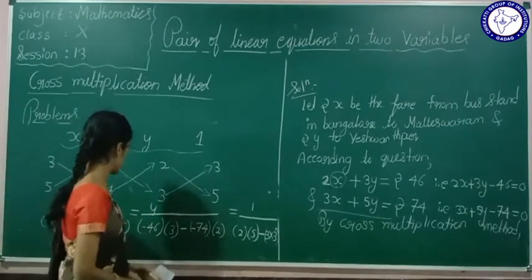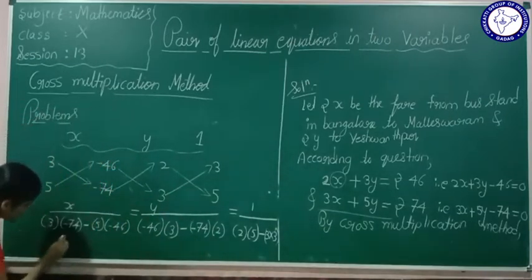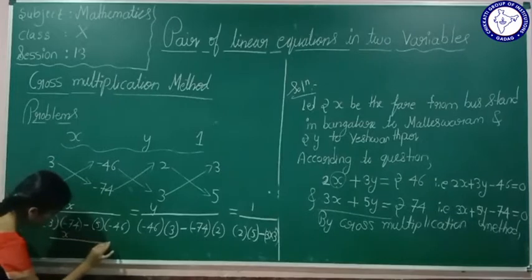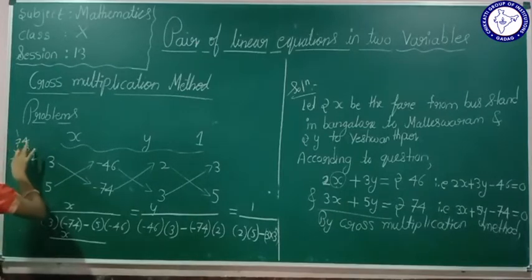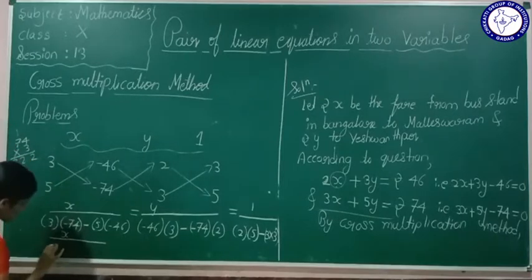Okay. What does it imply? x by, 74 3s is how much, students? 74 3s, 4 3s are 12, 7 3s are 21, 22. It is 222, minus 222.